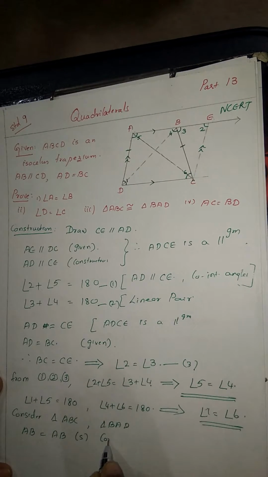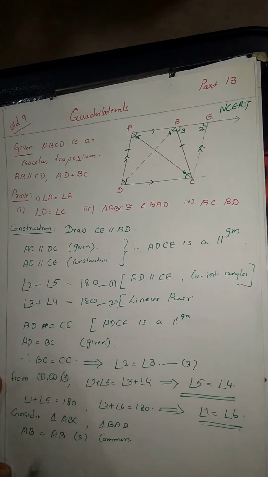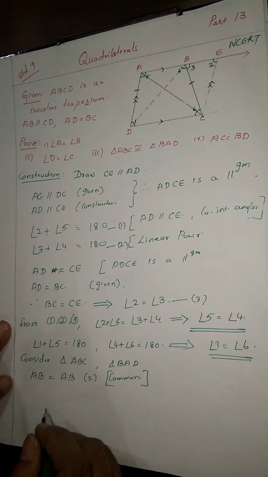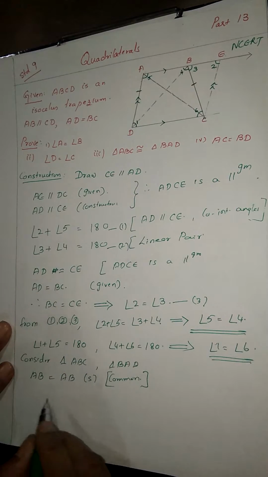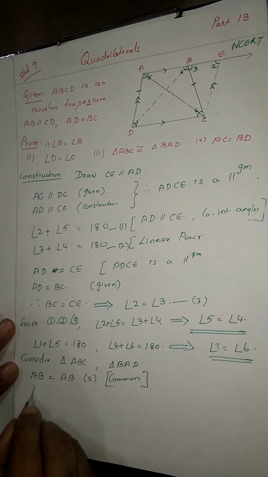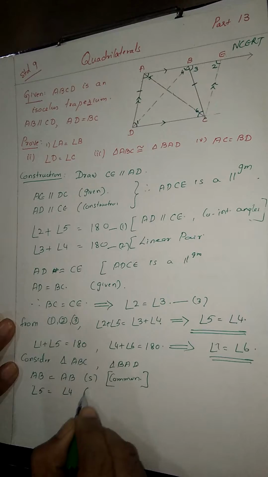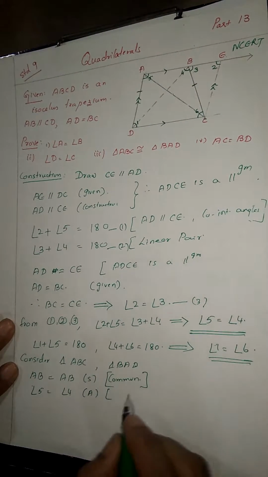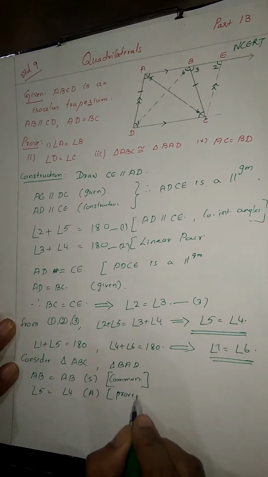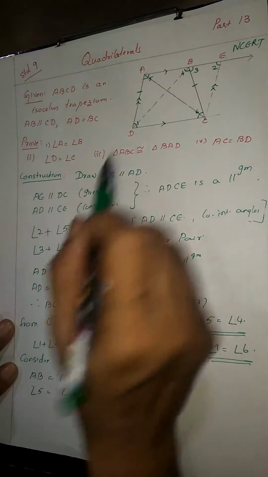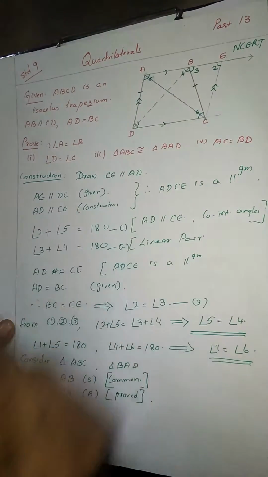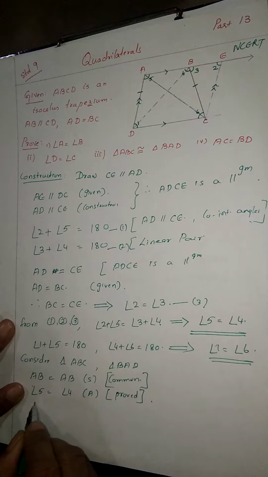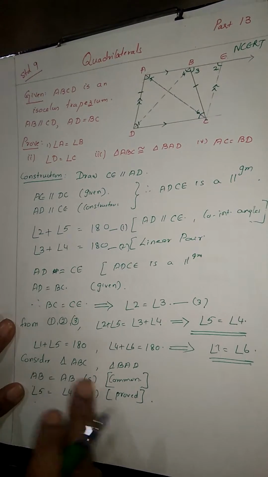This is side. Then we have angle 5 equal to angle 4, that is angle A equal to angle B, proven.